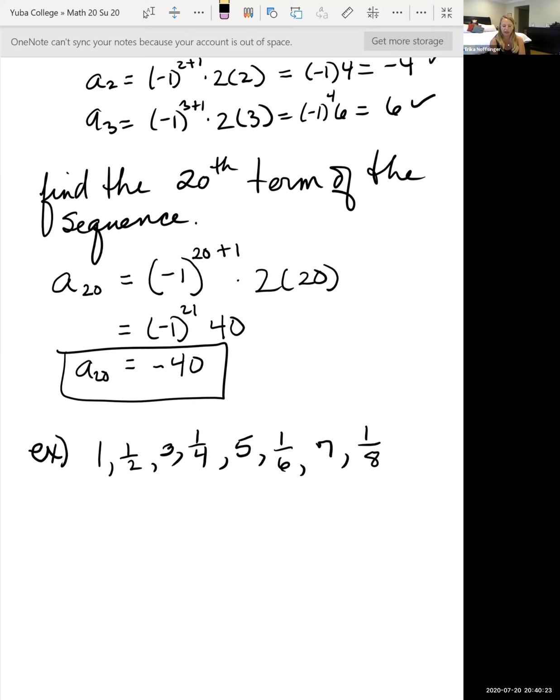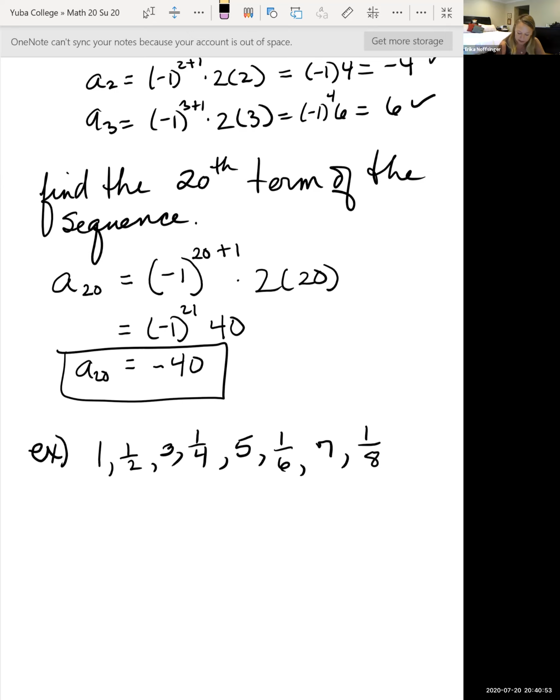If we ignored the fractions and just looked at it, notice this is 1, 2, 3, 4, 5, 6, 7, 8. So I know that we want to get some number. We want it in that form, right? I also know that if I have this in the denominator, let's look at it this way.